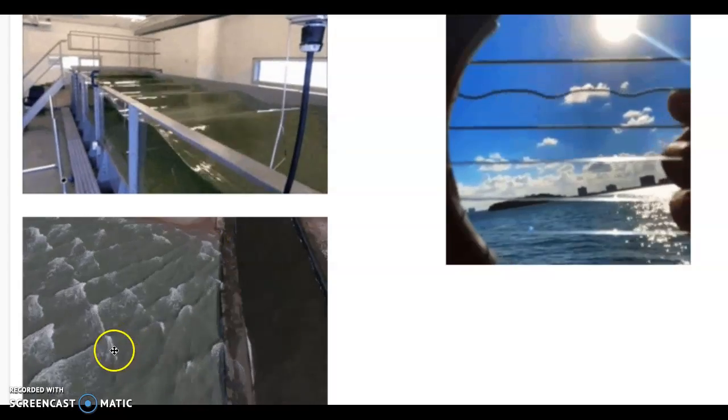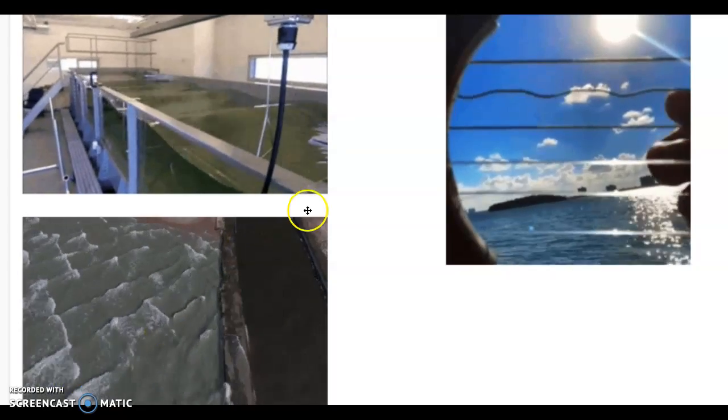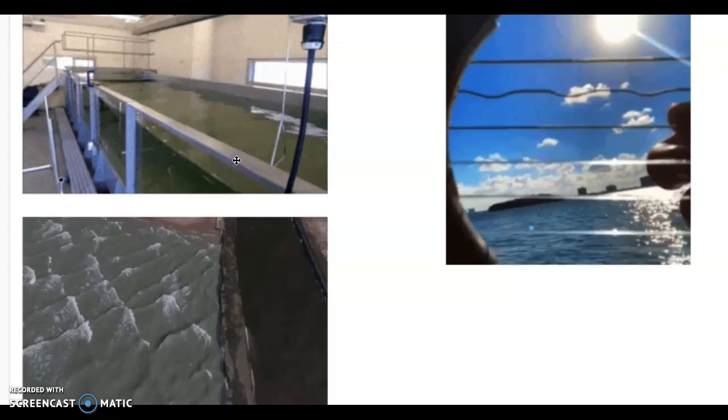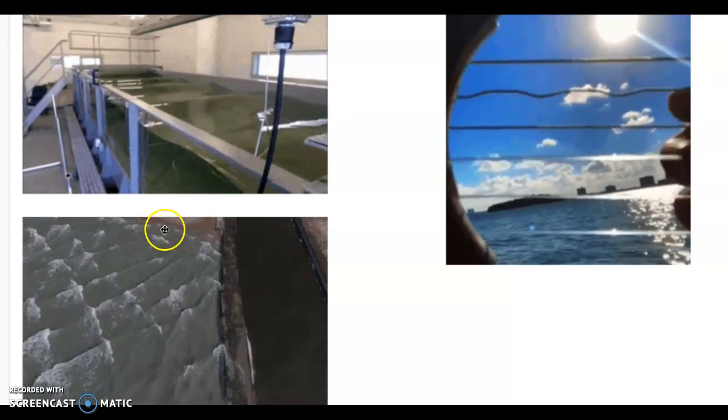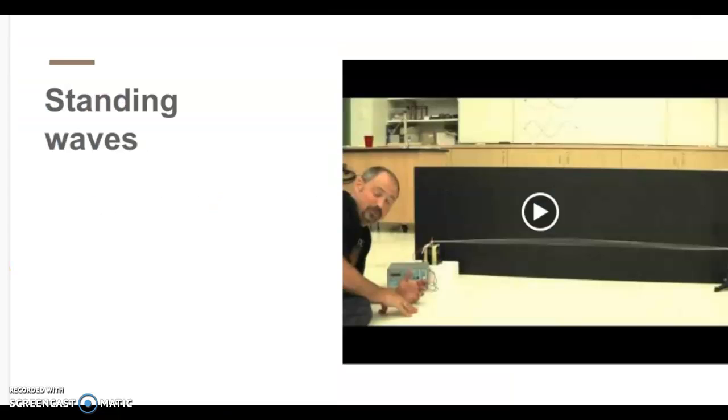Here you can see these really clear ideas of standing waves. So a standing wave is simply a wave that doesn't seem to be going anywhere. It is in fact a bit of an illusion. Stop this video and have a watch of this demonstration where we can see set up on this apparatus a standing wave. You'll be able to see what it looks like.